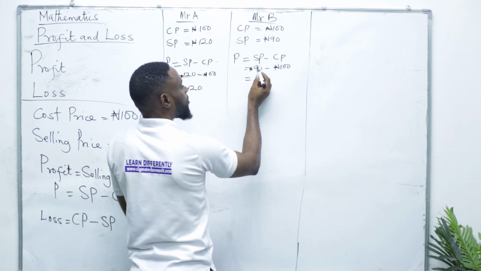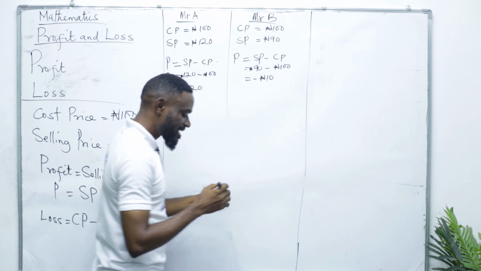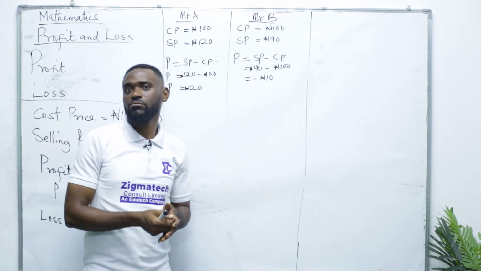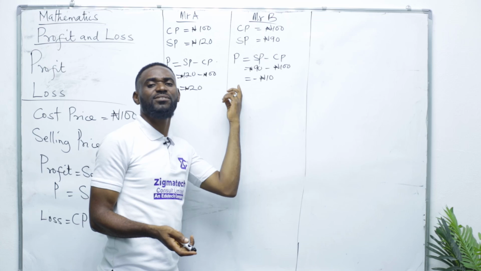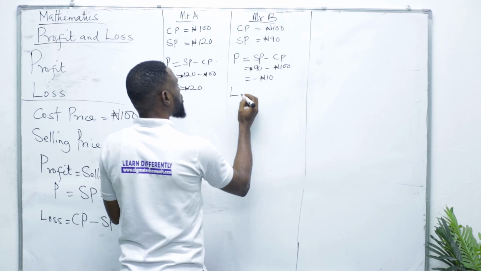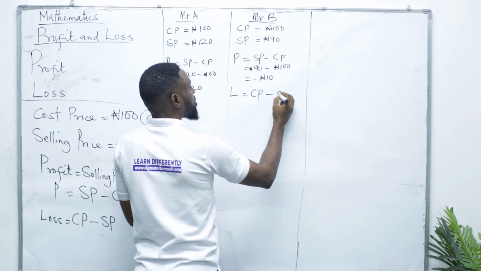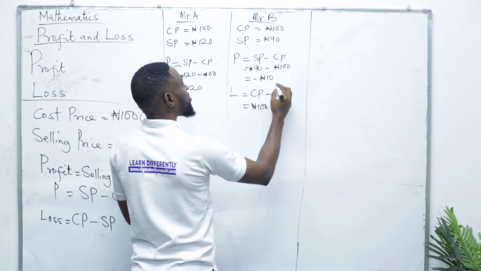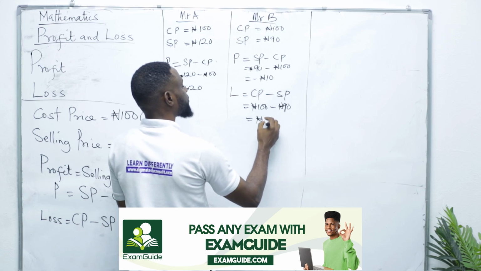So 90 minus 100 is minus 10 naira. That minus means what you lost, what you are owing or what you're indebted to. Once you have this calculation and it is a minus, just know that it is a loss. So to calculate his loss, it is cost price minus selling price: cost price 100 minus selling price 90 gives us 10 naira.